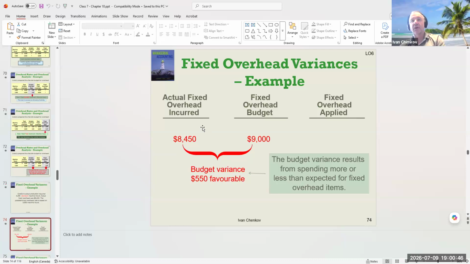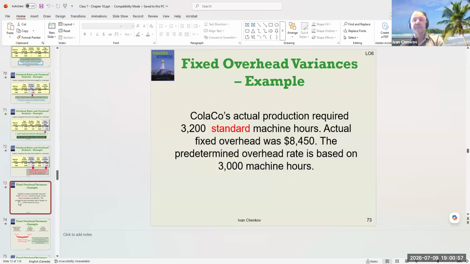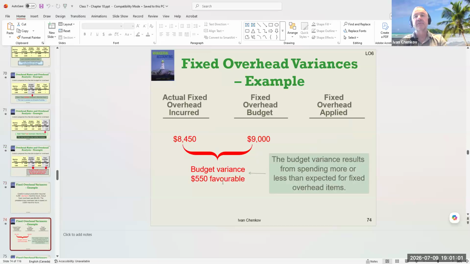If we have to do the calculation, we already know that we budgeted at the level of 3,000 machine hours, so our total fixed overhead is supposed to be $9,000. In reality, it went down by $550, and that's purely budget variance. That's us spending less on the fixed overhead cost compared to what we budgeted.